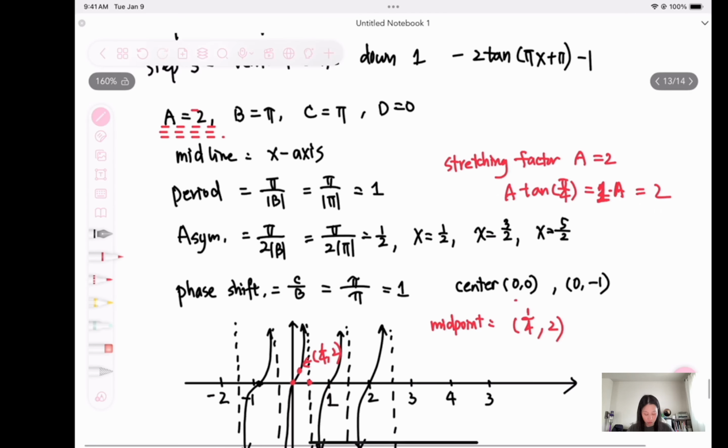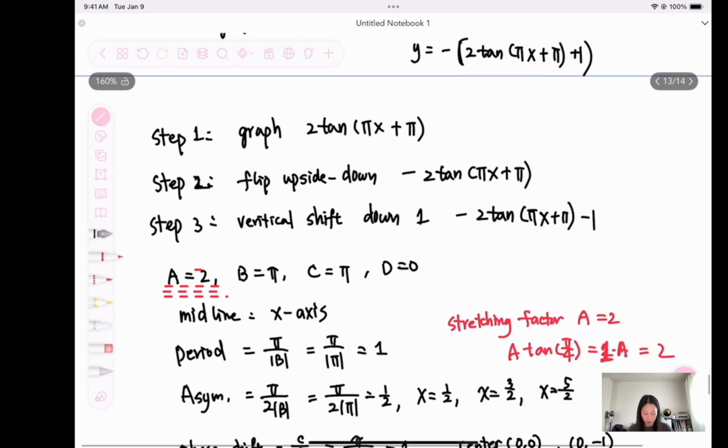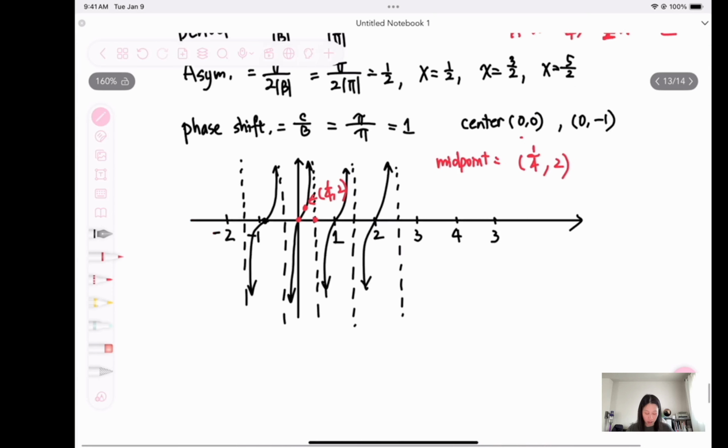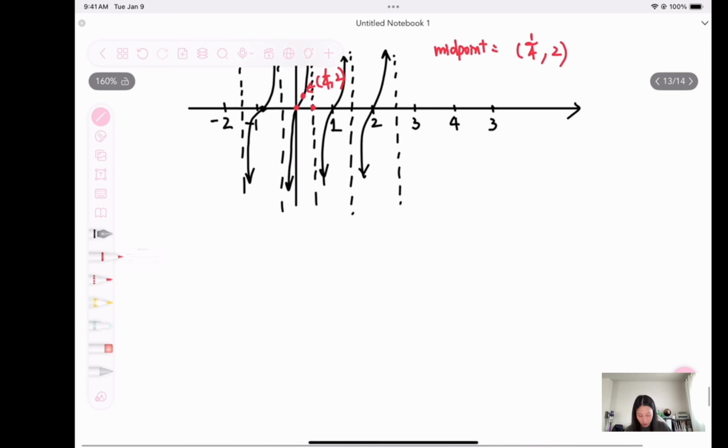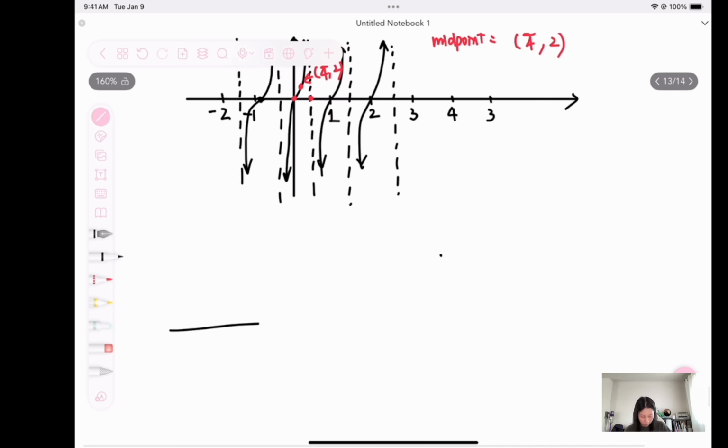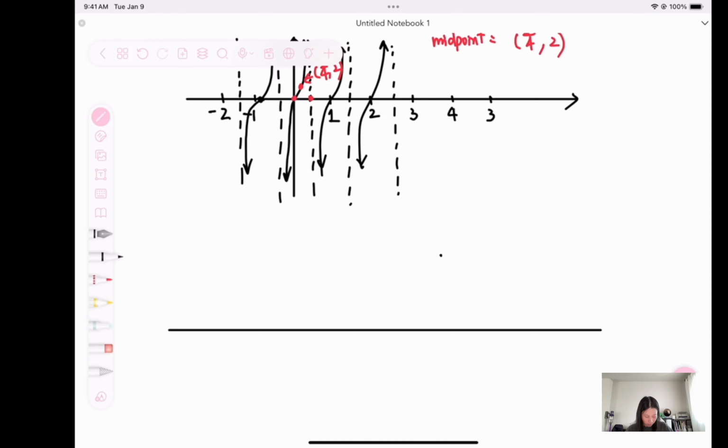Now step 2 is we want to flip them upside down since we take a negative. Now let me draw another one and flip it from the first equation. And we got 1/2 and the asymptote of 3/2.